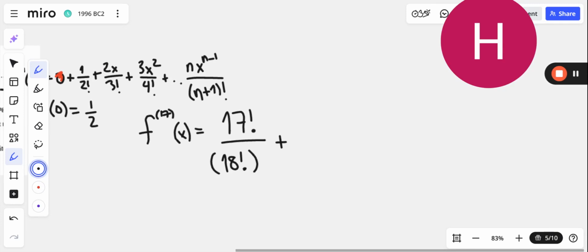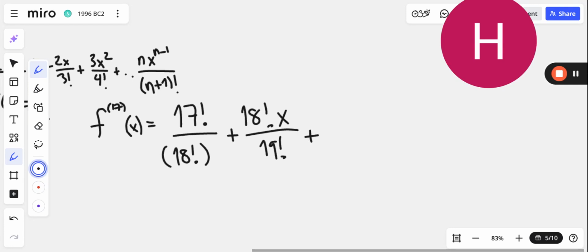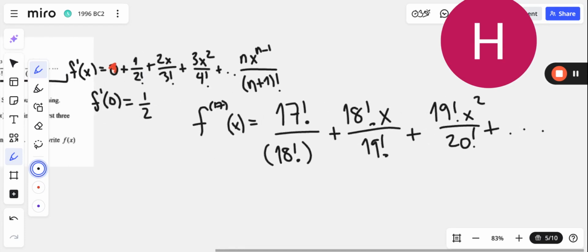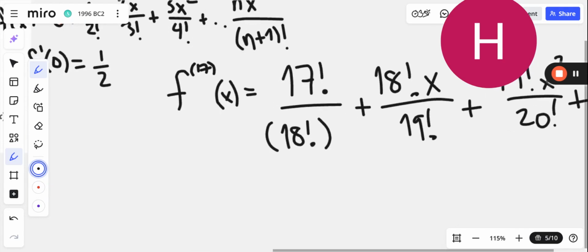And then the next term would be 18 factorial over 19 factorial, x to the 1. And then we'd have 19 factorial, x squared over 20 factorial, and so on and so forth, because this chain is just going to keep on going forever. But the term that became a constant is this right here.